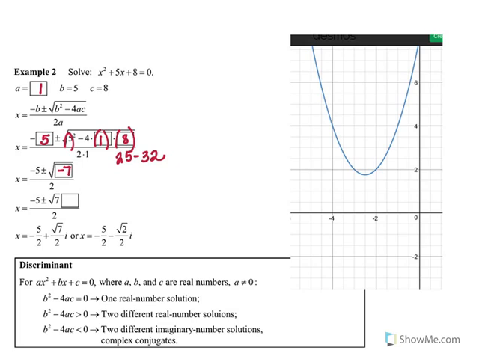So a couple of lessons ago, back in 3.1, we saw that we have to take that negative out. So that gives us the square root of 7 times the square root of negative 1. We know the square root of a negative 1 is i. So we could say then that this is negative 5 plus or minus the square root of 7 i.